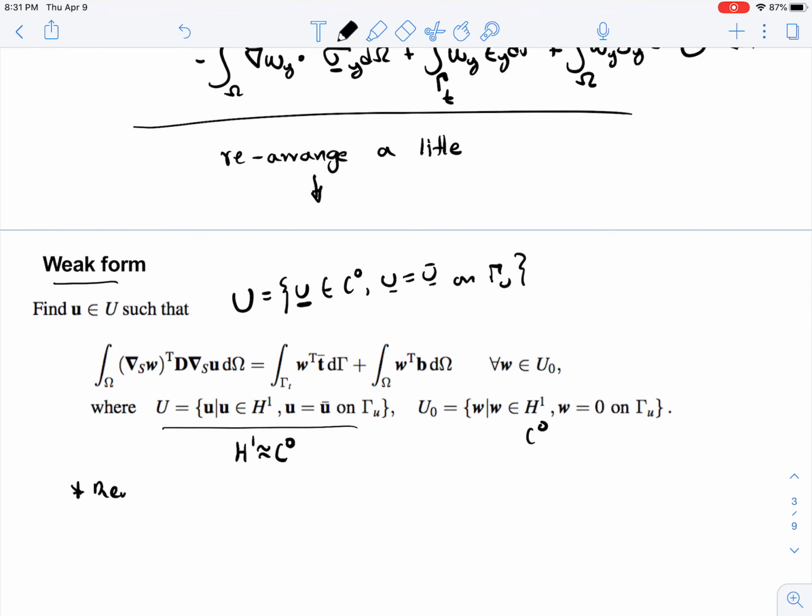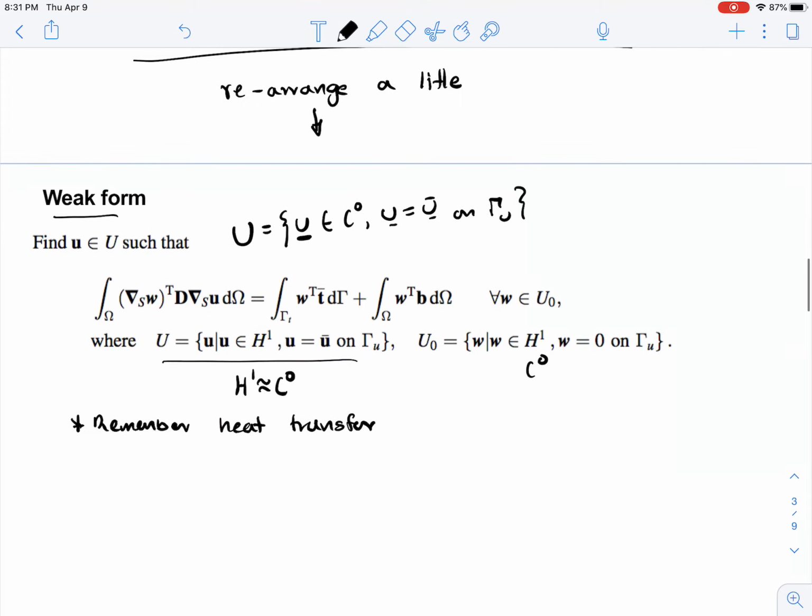So if you remember the heat transfer problem, again, let me do a note here. For the heat transfer problem, what we ended up with was the integral over the domain of the gradient of W times D times the gradient of temperature. The only difference was that in the heat transfer problem, the W was a scalar. Here it is a vector. Also in the heat transfer problem, we had this minus sign because the flux was the negative of the gradient.